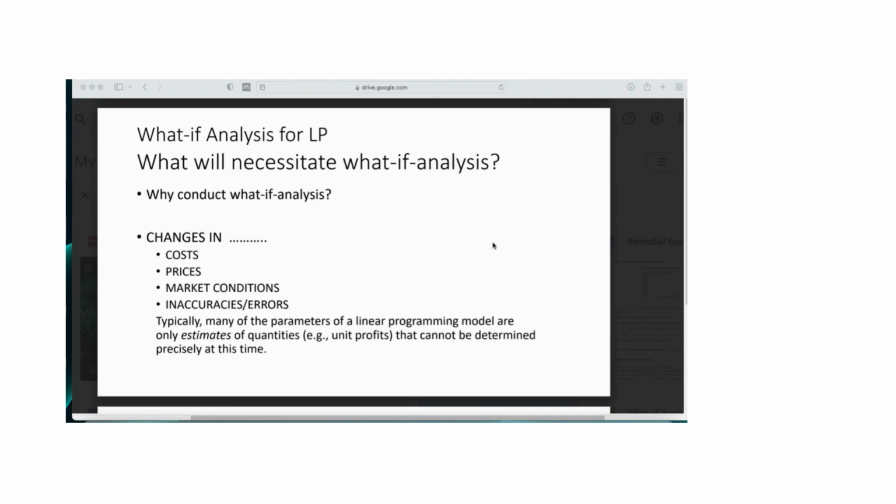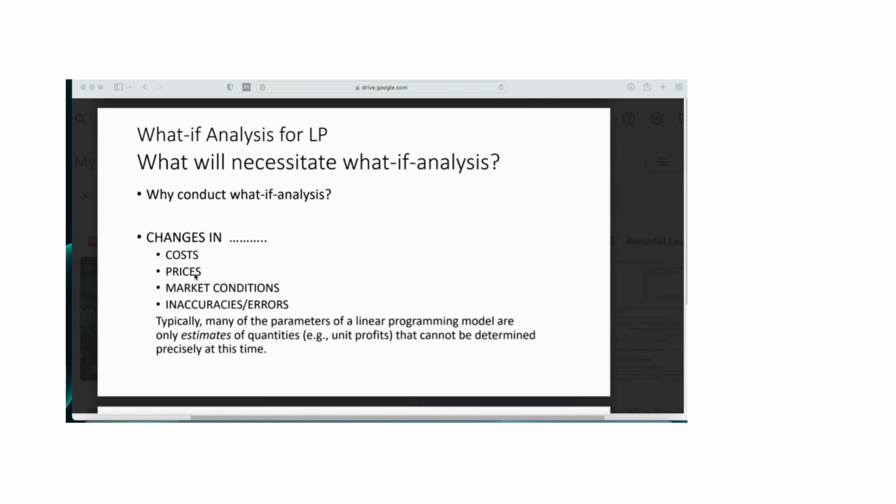There are many changes occurring every now and then in the business world, and some of these changes are enumerated here, such as changes in costs, prices, market conditions, and also inaccuracies that may occur in the data.